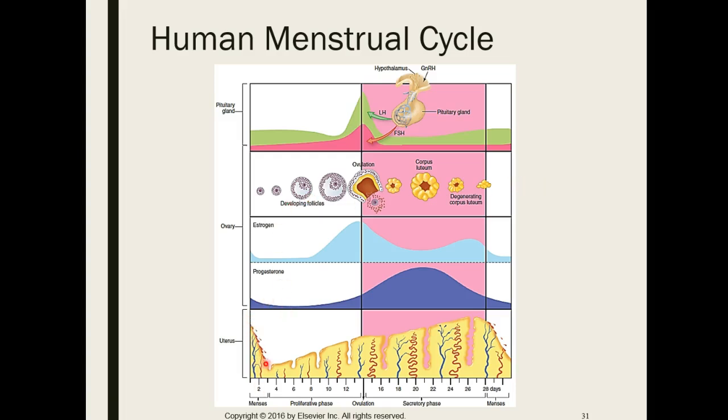And then down here, it shows kind of the lining of the uterus, that endometrium, how it thickens, and then once that corpus luteum deteriorates, it's going to begin that sloughing process or menses.